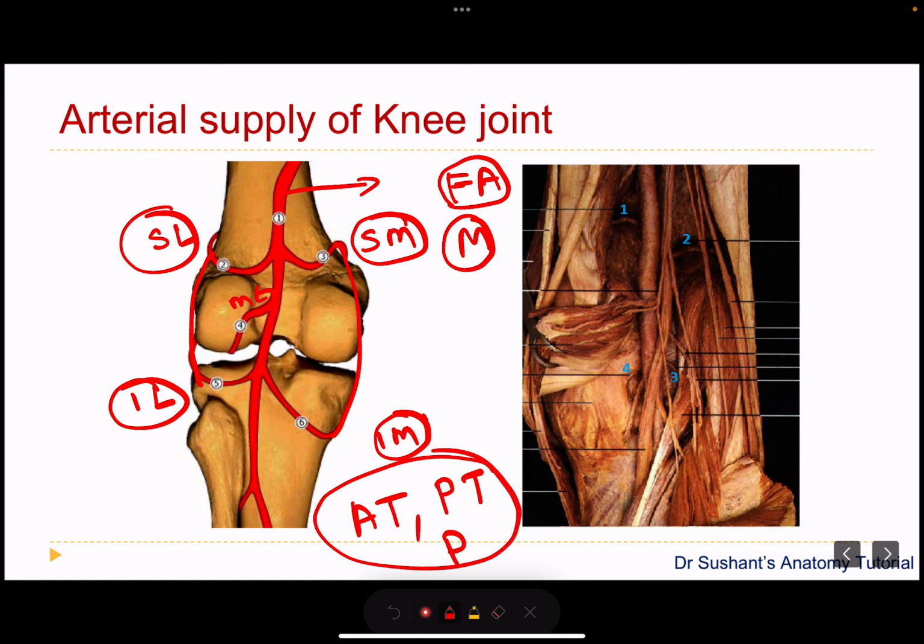I will talk about the anastomosis around the knee joint in a separate video. At this point, just remember the arterial supply of the knee joint is by the anastomosis between the branches of the popliteal artery, femoral artery, anterior and posterior tibial arteries, and this provides the knee joint with a very rich vascular supply. Imagine you totally flex your knee joint. What happens?